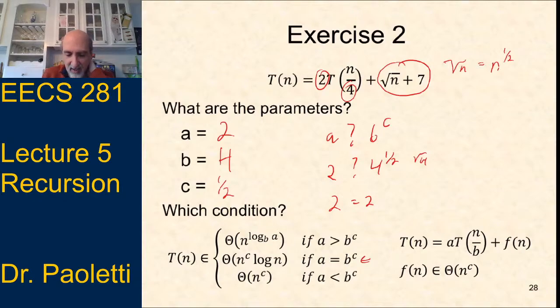So if it's the second case, then it's big theta of n to the C times log n. So that'd be big theta of n to the 1/2 times log n. We could also say big theta of square root of n times log n.